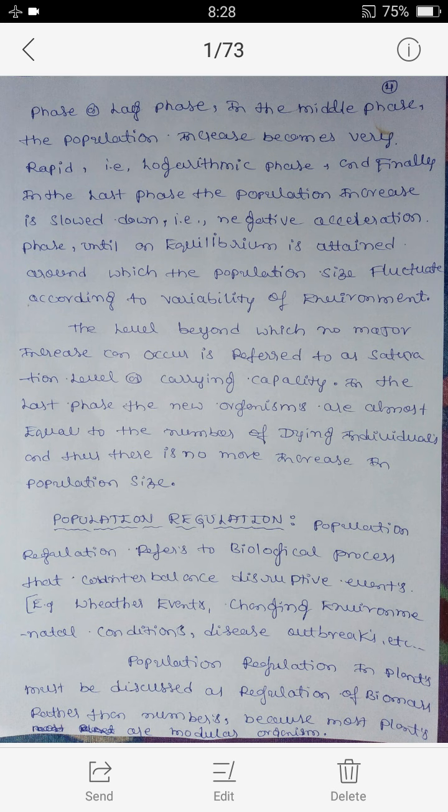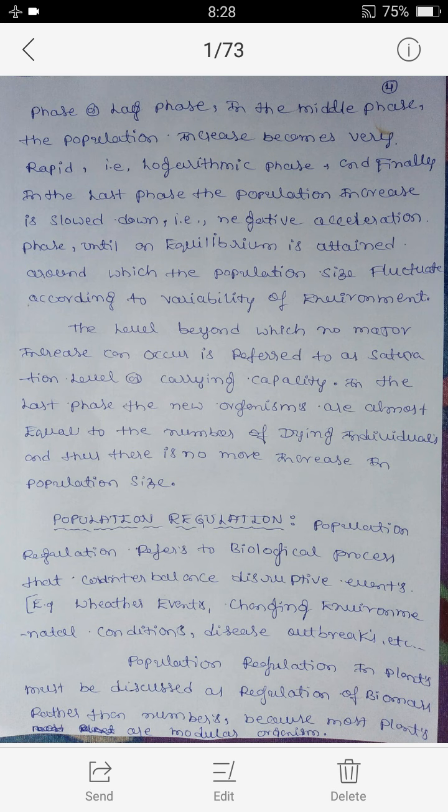In the last phase, the number of new organisms is almost equal to the number of dying individuals, and thus there is no more increase in population size. This is about population growth curve.